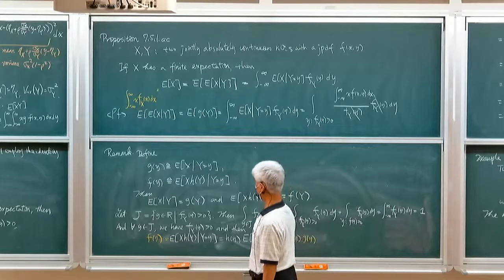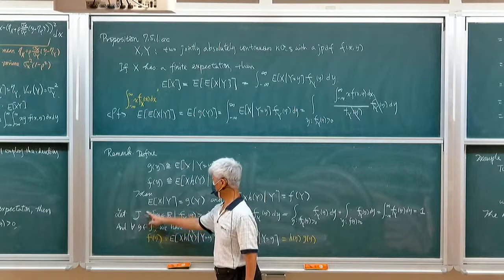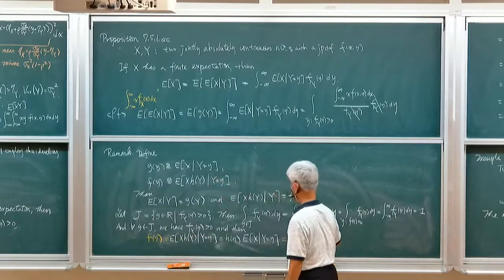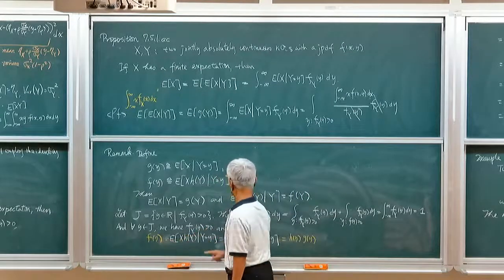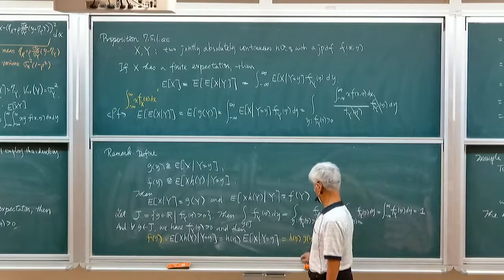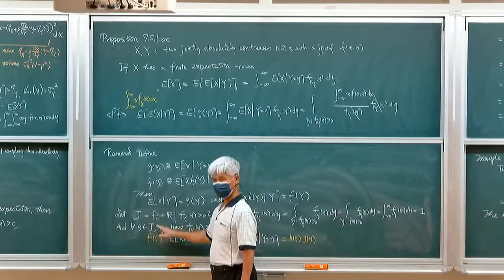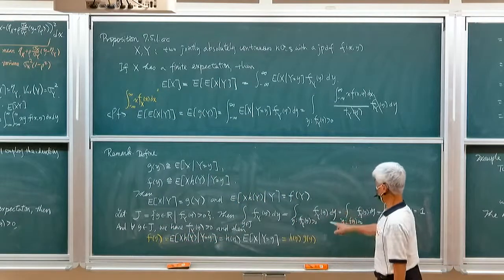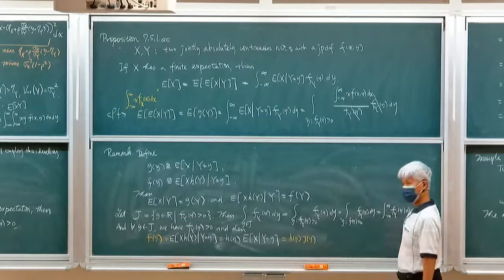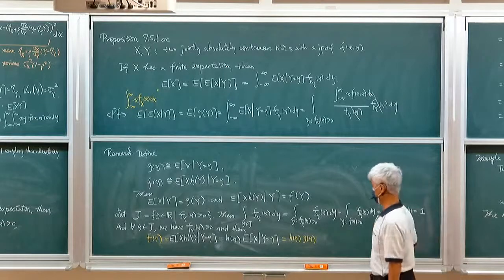So you can see that for all y in this set J, they are equal. f(y) is equal to h(y) times g(y). That is the meaning. This is true for all y in J, but when you integrate over y in J through this probability density function, the probability is 1.